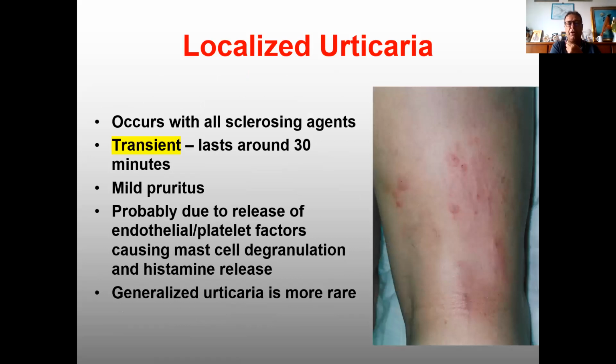Localized urticaria is possible when we perform sclerotherapy. It is usually of transient nature and it lasts around 30 minutes.